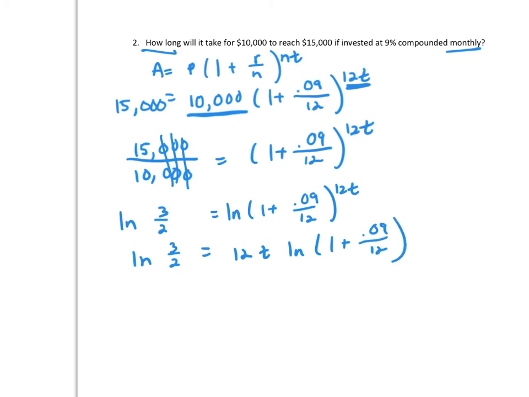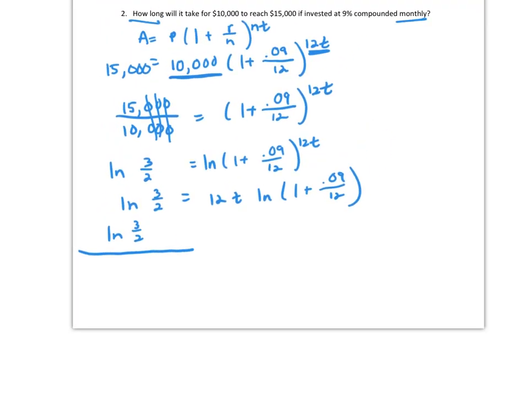Solve for t. That would be ln of 3 halves divided by, and it's going to be nasty, but it's going to be a calculator problem. That's okay. Ln of 3 halves divided by ln of 1 plus 0.09 divided by 12, and I need to divide by 12 as well. Got to divide by 12 and that gives you t.